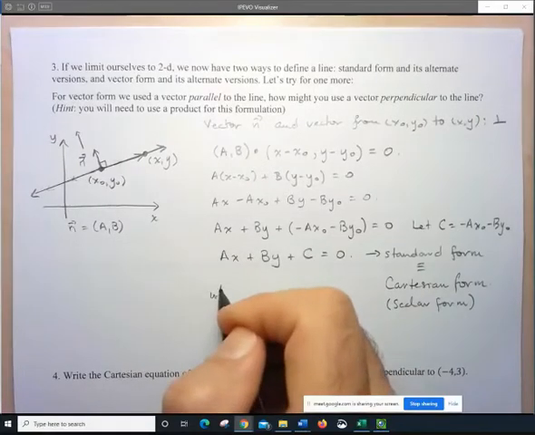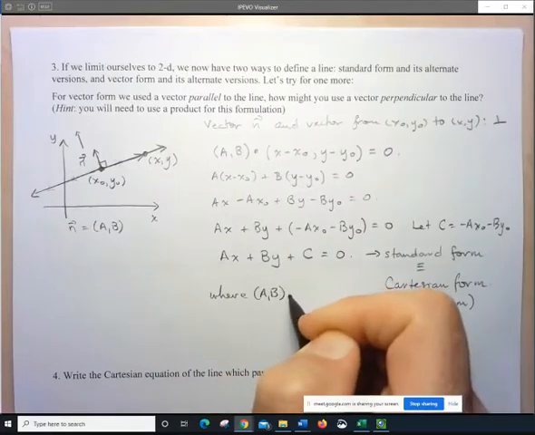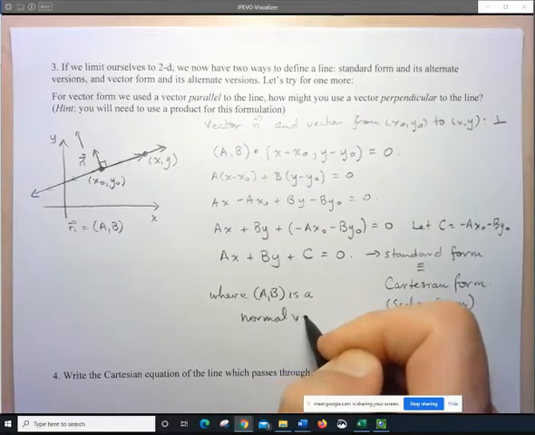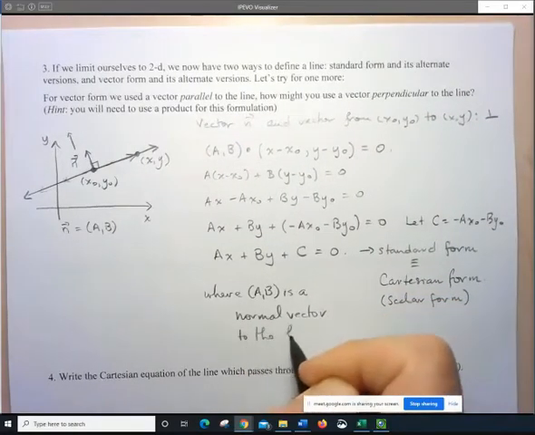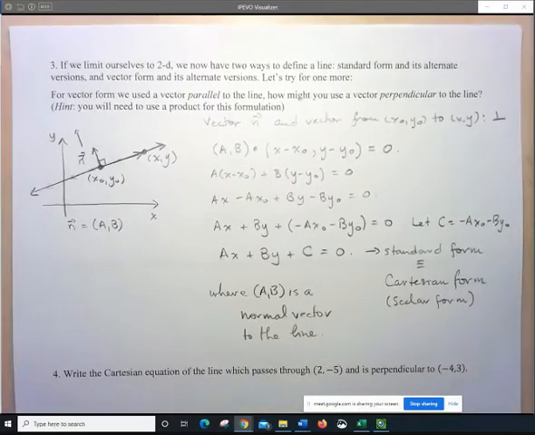Okay, so here we could say where AB is a normal vector to the line. All right. So in the end, this turned out not to be a new form of the line, but it's certainly a new way of looking at this standard form or Cartesian form of the line.